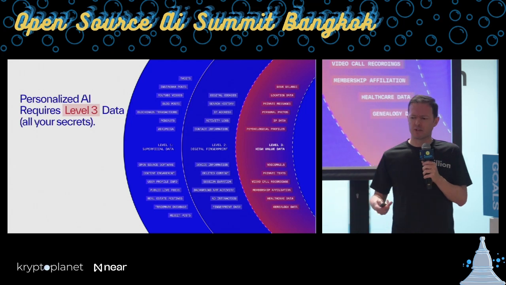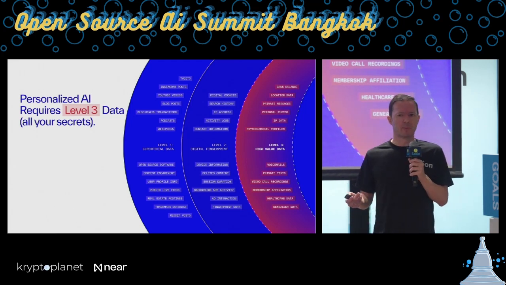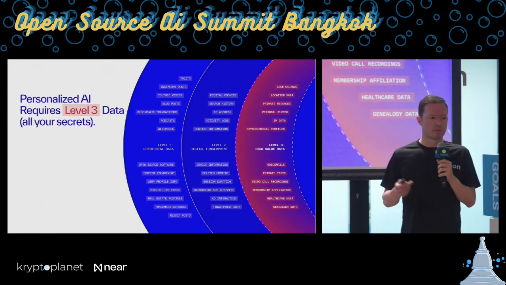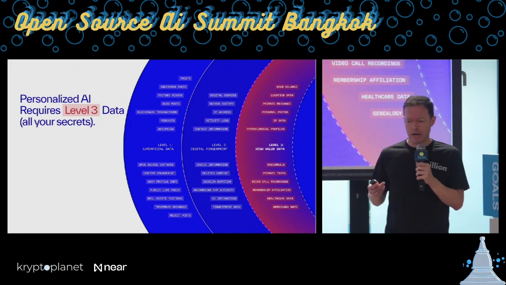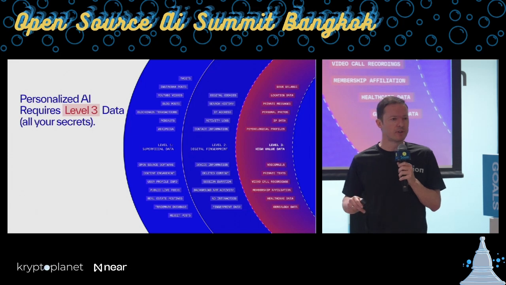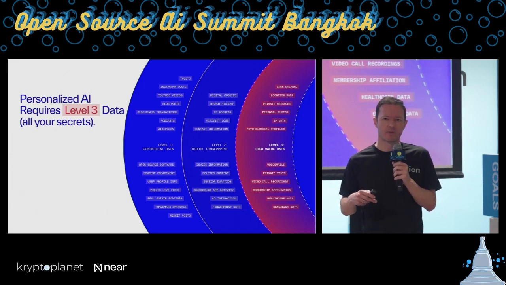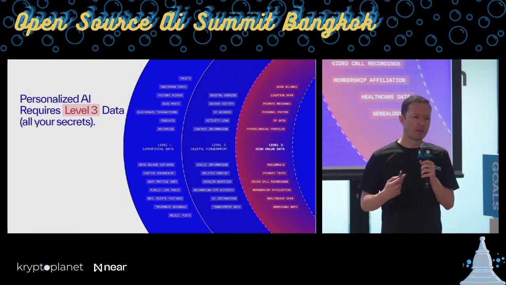It looks like levels 1 and 2 are fine for people, right? We've been sharing that information for long now, and no one has really made any huge problem out of this. But now we're talking about a whole new different world in terms of the information that we will be sharing with personalized AI. I'm talking about the things that really make you you.